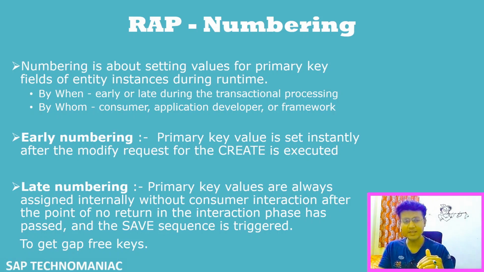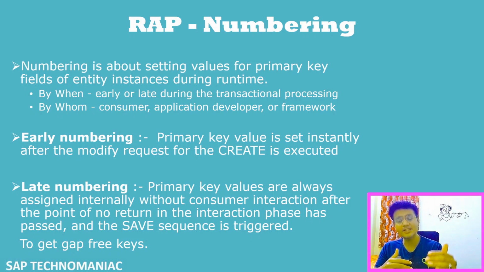In late numbering, as I told you, in the BO business object we have two phases. One is the interaction phase and the second is the save sequence. In the interaction phase, a different class executes, called the handler class, and for the save sequence we call the saver class, the local classes which we discussed in my previous video, if you remember.